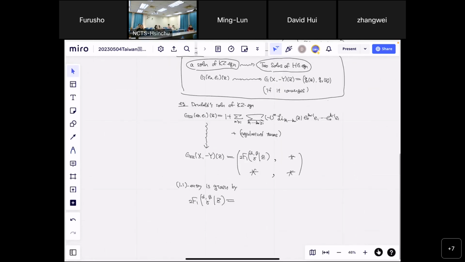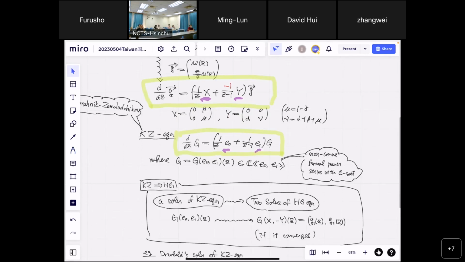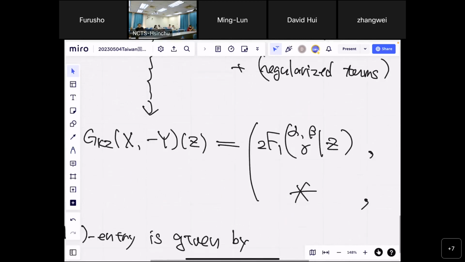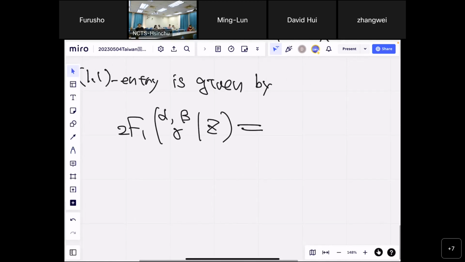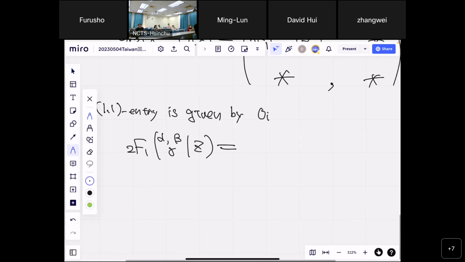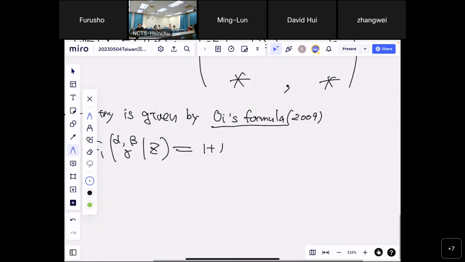You see here, X and Y is a matrix which is given this way. So in principle, it's possible to calculate all the entries. And Oi calculated this and showed that we have this, 1 plus alpha beta.